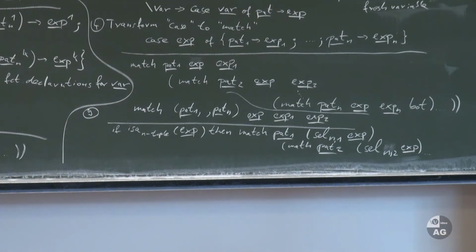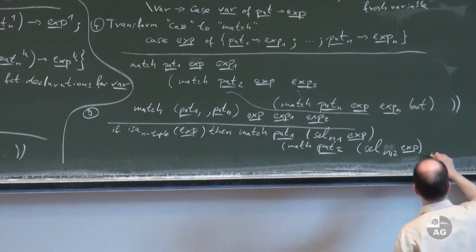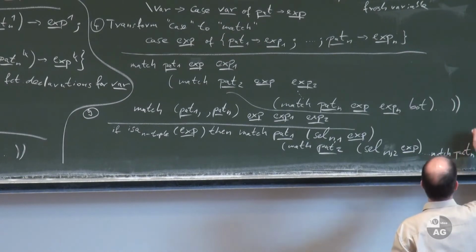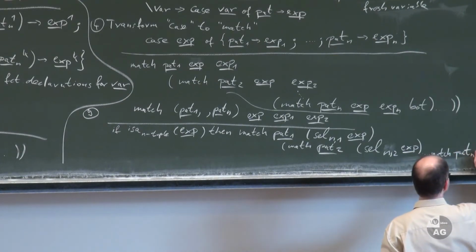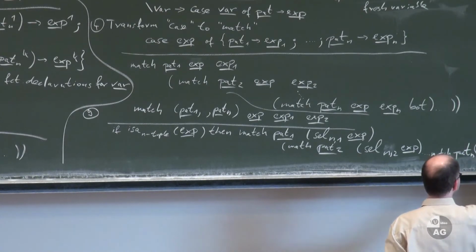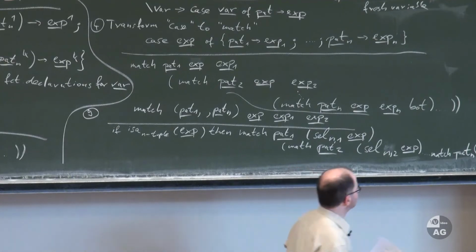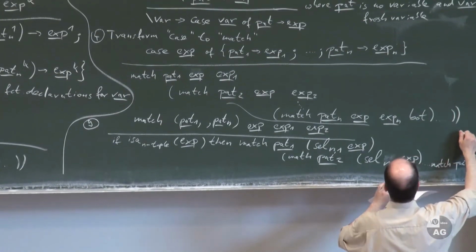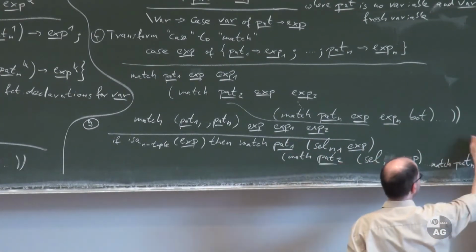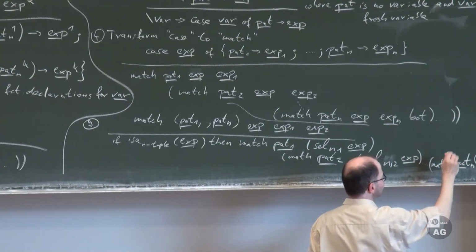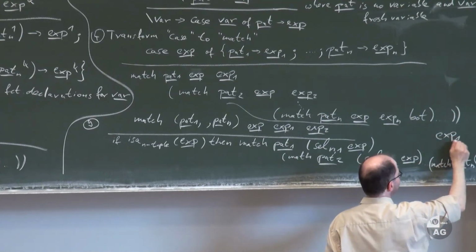So I do this for all the patterns, and then finally I match pattern n against the nth component, sel_n^n of exp. And if this works, then the result finally will be x1. So this is the first argument of this match. This is the second argument. The third argument should be x1.